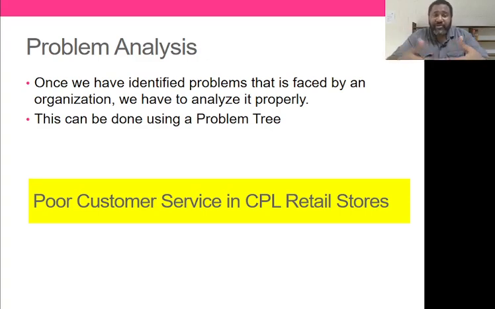Okay, once we have identified the problem and written down the particular statement, the next step in the problem analysis process is that we have to do a problem tree. A problem tree is something that we use to help us analyze particular problems. It looks like a tree itself.